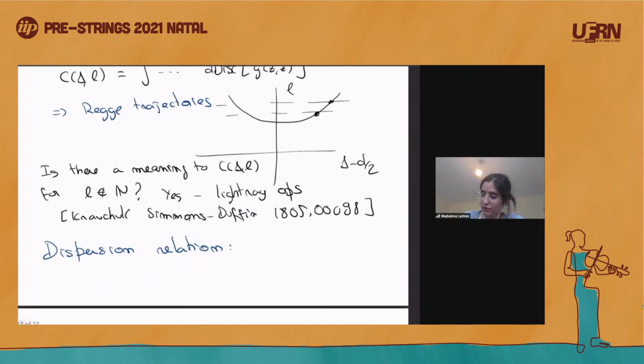So this is recovering the correlator as some integral, again with some kernel, of the double discontinuity of G.